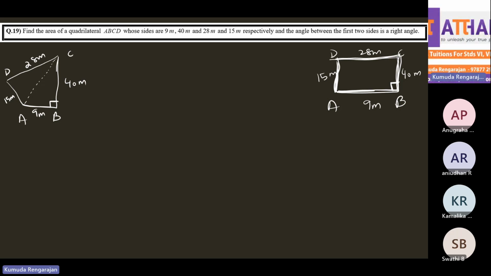AC capital is not AC. First, I come to look at it.